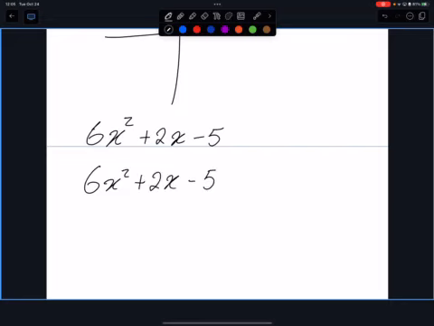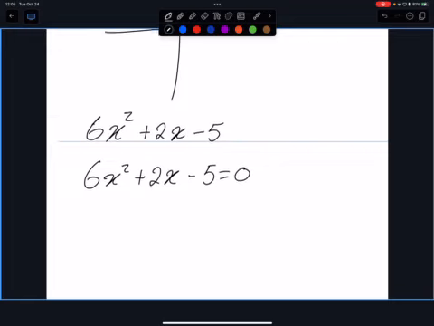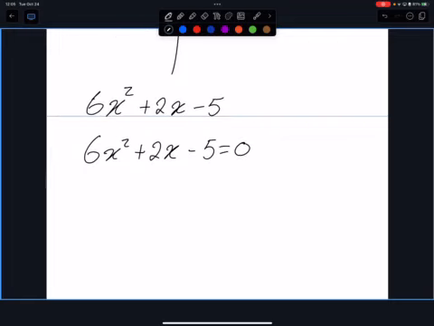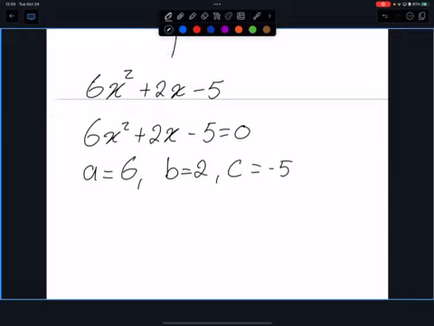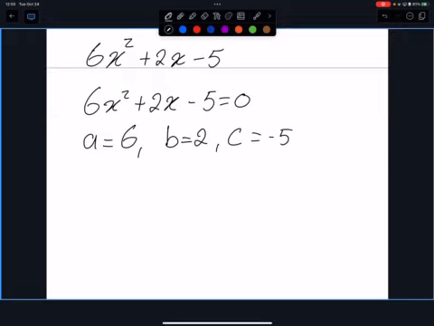You have about 600 in the book you can practice. What I always do is I write this so I know what I'm doing. And then you go.